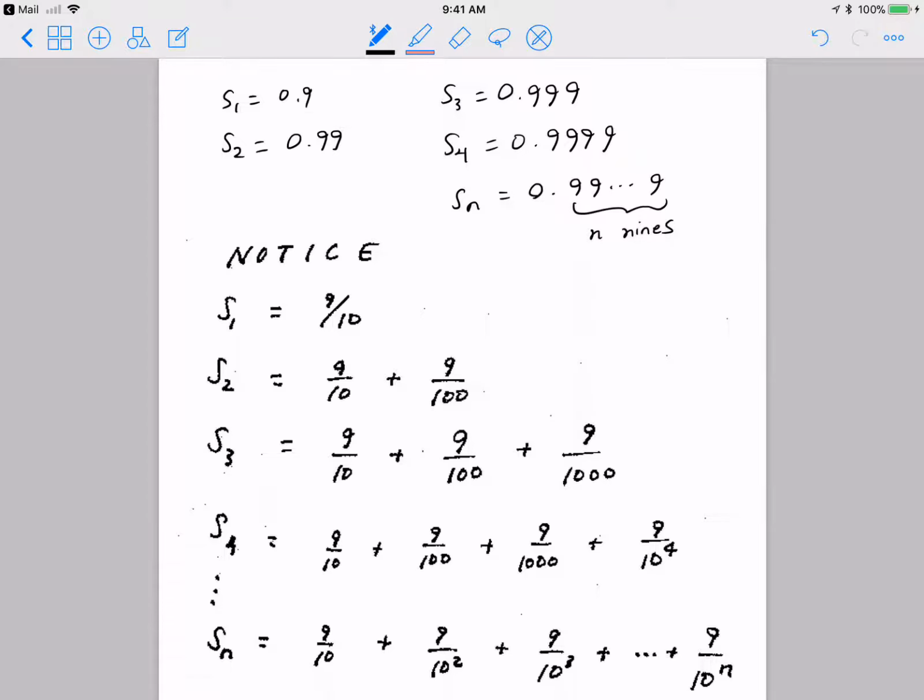S1, 0.9, isn't that the same thing as just 9 over 10? S2, that's 9 over 10 plus 9 over 100. Another way to see that would be to say that's equal to 99 over 100, right? And then the 99 we can break up into 90 plus 9, so you get 9 over 10 plus 9 over 100.